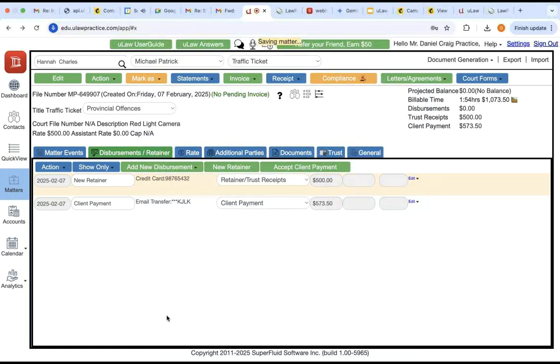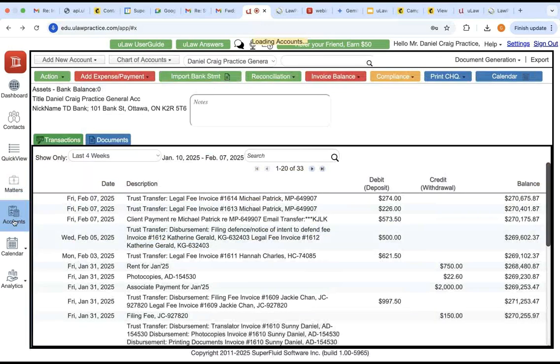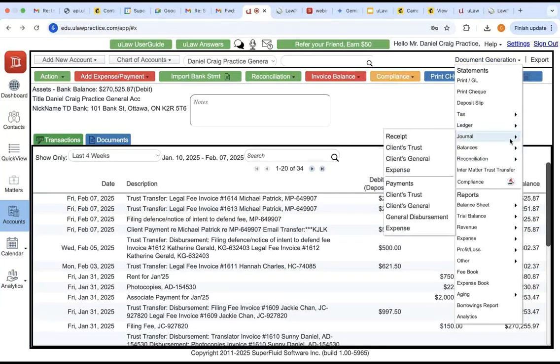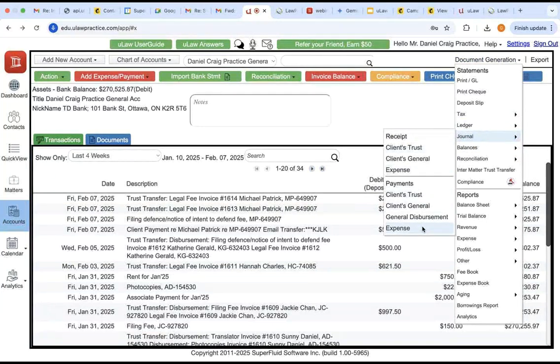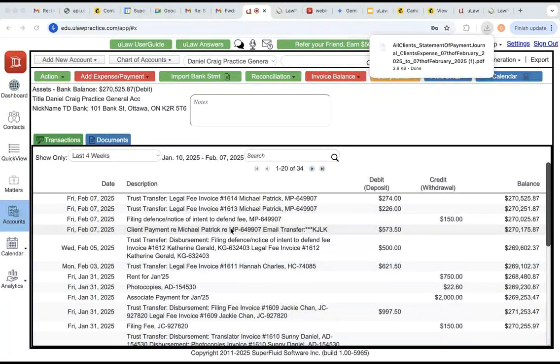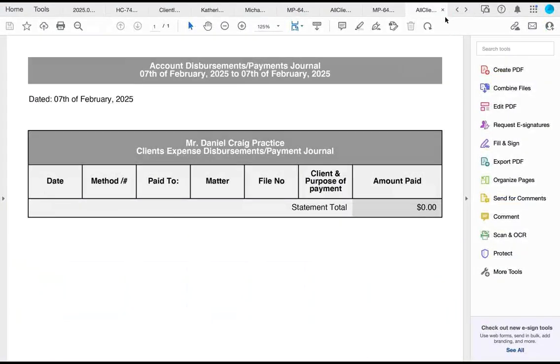Okay, and then you save it. As you progress, you now go and generate this particular document generation. Under journal, you have disbursement journal, expense disbursement journal. This will show up now with more information.